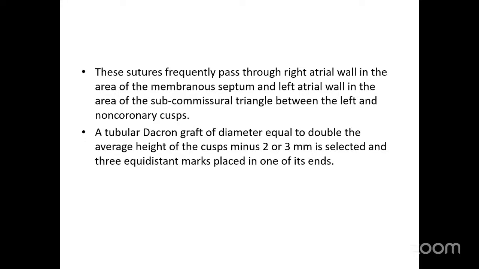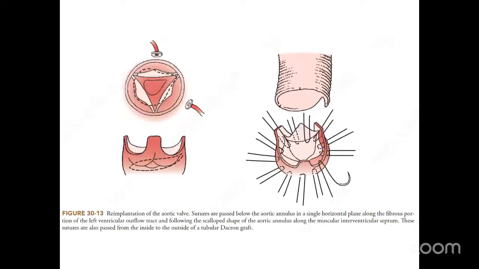A tubular Dacron graft of diameter equal to double the average height of the cusps, minus 2 to 3 millimeters, is selected, and three equidistant marks are placed in one of its ends, as can be seen here.